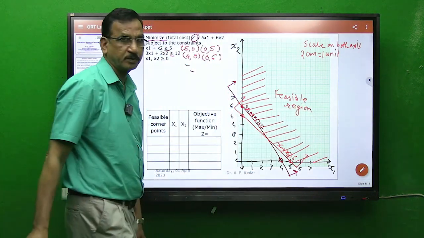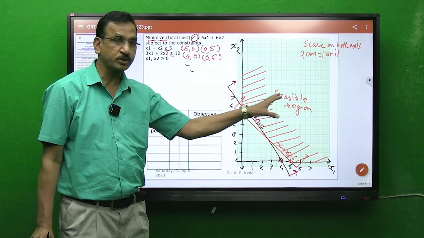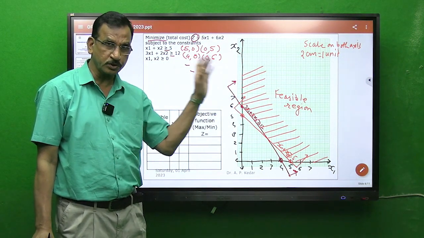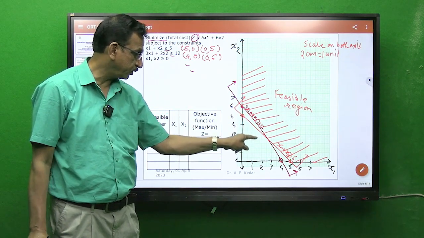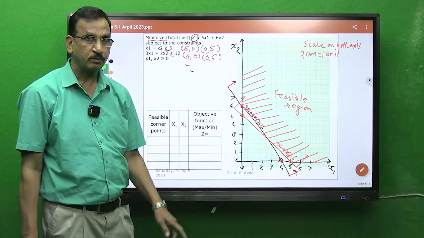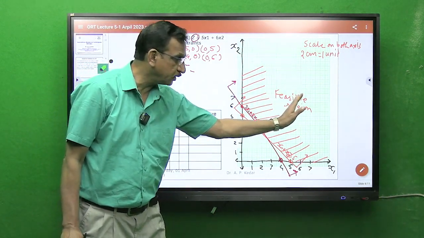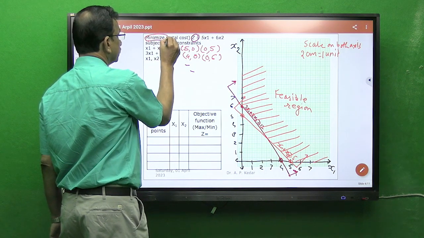The meaning of feasible region, as explained in last lecture, is our solution. Our solution to this problem lies in this region. There is no scope of our solution lying in this region. Now, the region is identified, but the condition is now minimize.